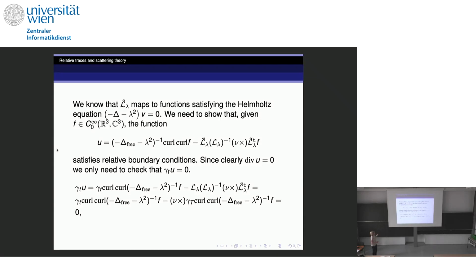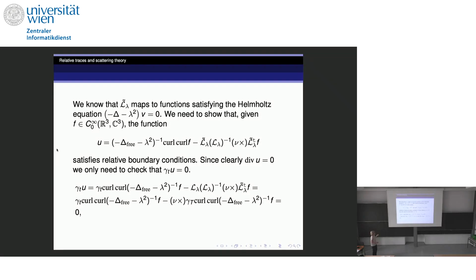We look at the difference of the free resolvent applied to curl curl of F. We look at this. We can actually write this in terms of the resolvent already because we have representation formulas for these operators. This satisfies relative boundary conditions. It's divergence free.